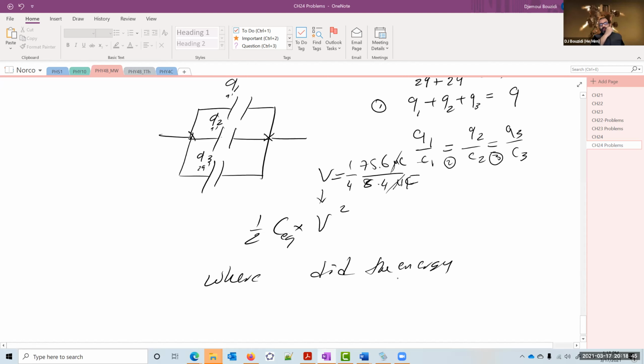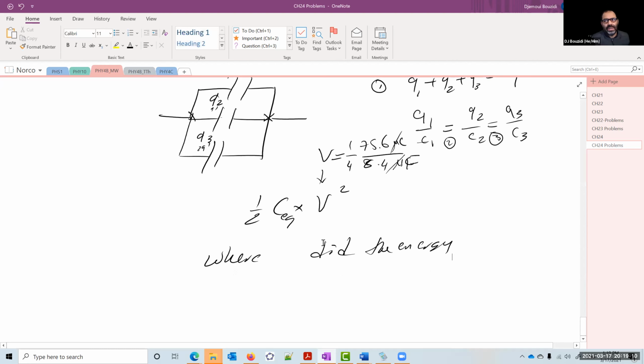Obviously, conservation of energy still works. So there must be a place for the energy to go, and that is actually leading to the next chapter, and it went to heating the wires. When the charges started to rearrange themselves, they caused a current, and that current heated up the wires in here, and that is where the energy was lost, okay? So it went in the form of heat. But again, you need to not trust what I'm saying, calculate, and you should find that there is a loss of energy in here just by rearranging.